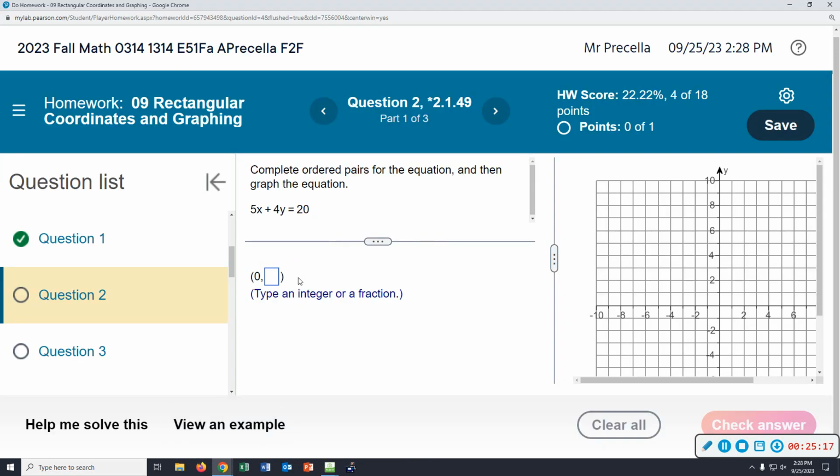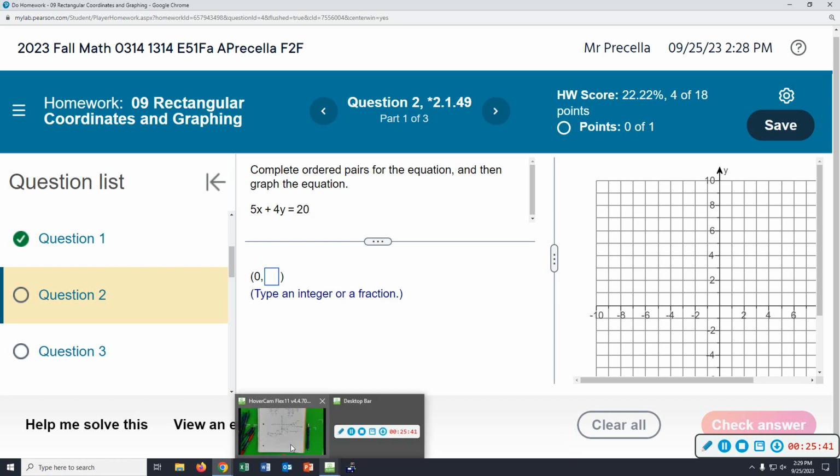Oh, they're not making a table of values this time. Look at what they've given us. They gave us an ordered pair with a 0 in front and the second number blank. What's that saying to do? Okay, it's just like with that table in the first problem. Plug in 0 for x.